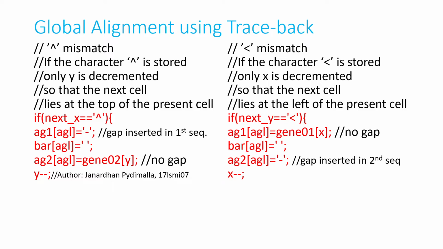Similarly, if I have the less than symbol in the traceback matrix, it's a mismatch, so I decrease only the variable X, so that it points to the left cell.